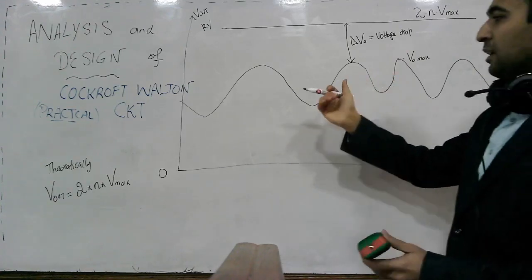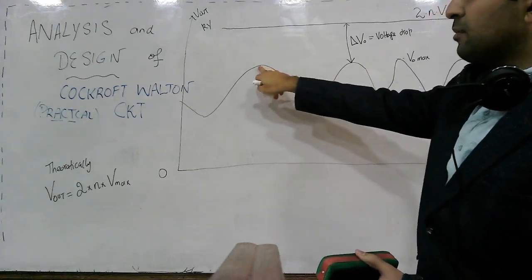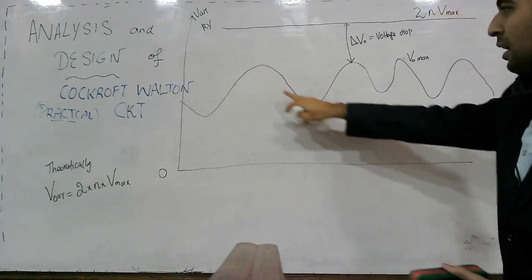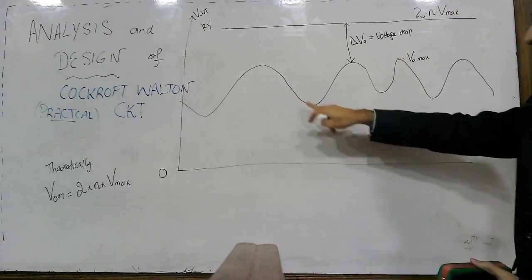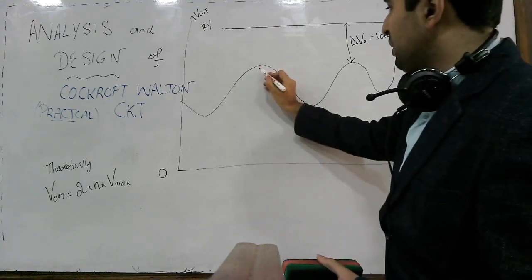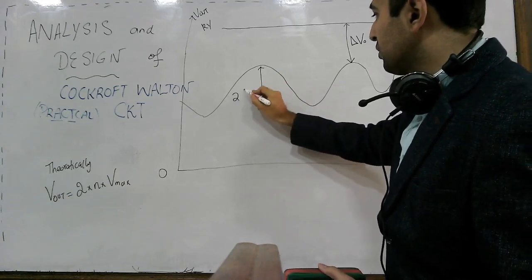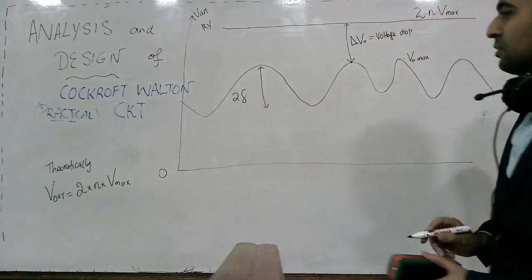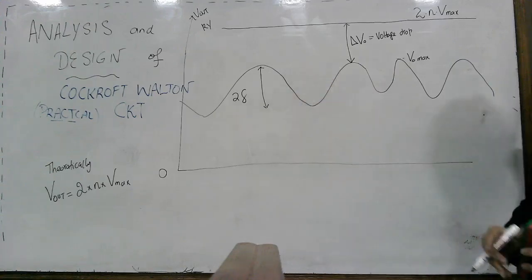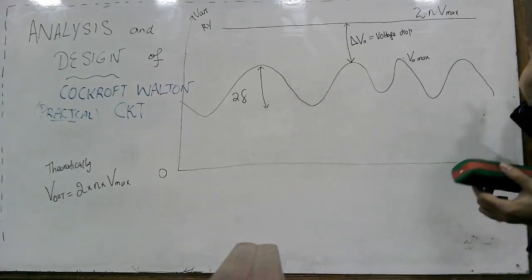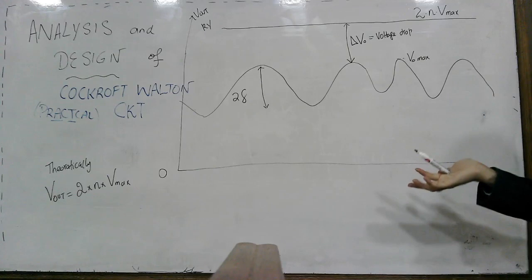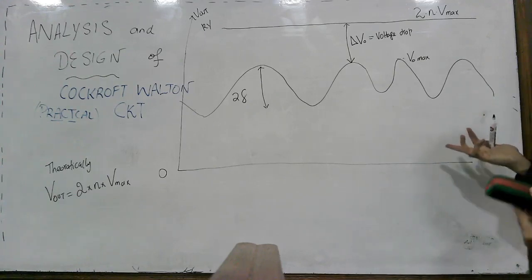We can also see that this is the maximum peak and this is the minimum peak, so the peak to peak ripple value can be represented by 2 delta. So this is the peak to peak voltage ripple, and this is the practical output waveform from the Cockcroft-Walton multiplier circuit.